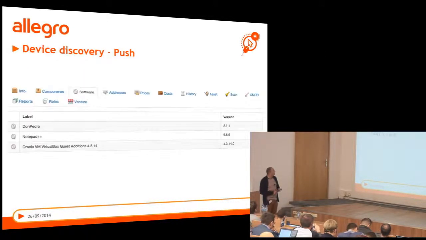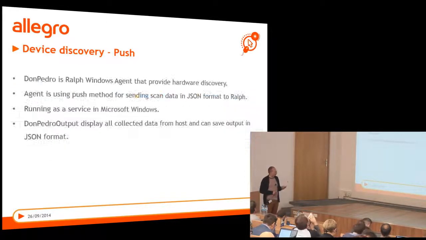And okay, this is the information from the Windows machine. There is free application installed on it. From the Linux operating system, there is the same information. And the first plugin which was using the push method was Don Pedro, which is the Windows agent.